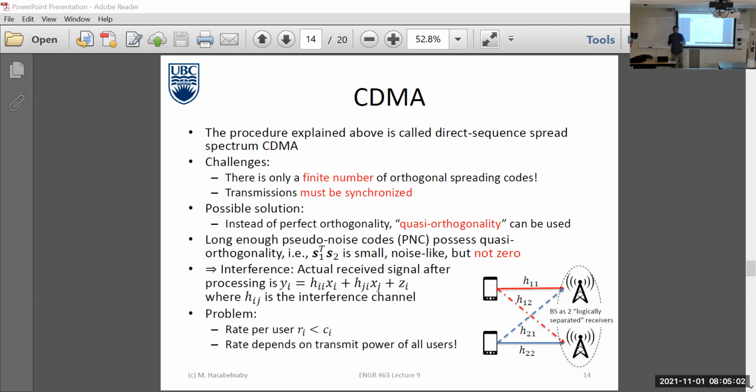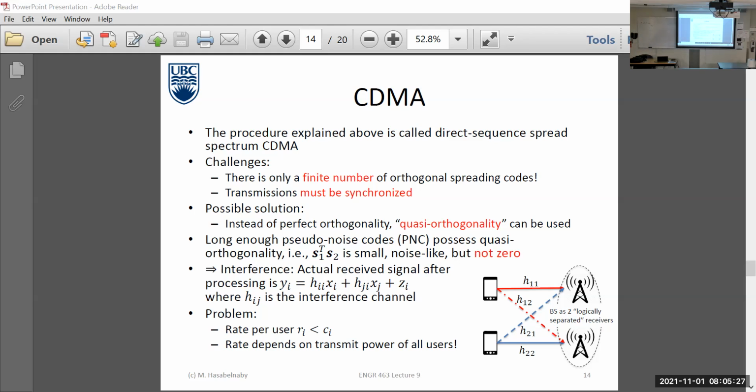Using FDMA, at each frequency I expect to receive a certain signal from a certain user. Using TDMA, at each time slot the base station expects to receive a certain signal from a certain user.